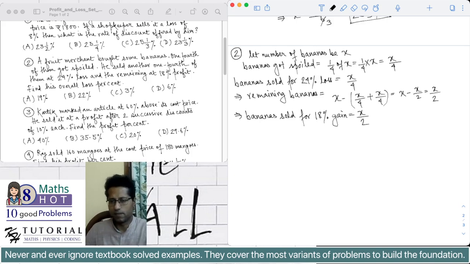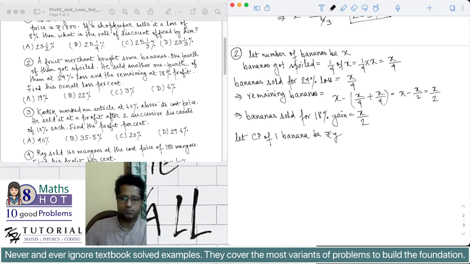So we can assume the cost price of one banana to be rupees Y.